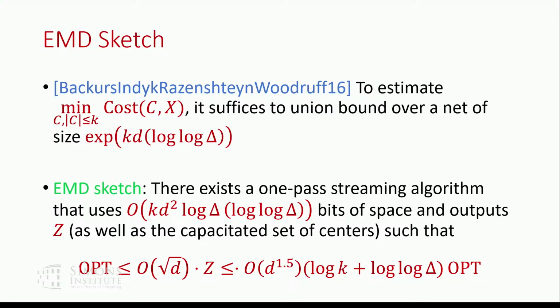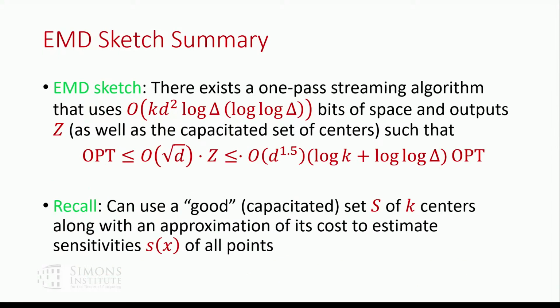But the point is now there's a certain sketch size that uses less than log n words of space, and allows us to find a good approximation to the optimal cost along with the centers that induce this cost. So the summary is as follows. There's a streaming algorithm that will give us a good capacitated set of centers along with an approximation of its cost, and that will allow us to estimate the sensitivities of all points.